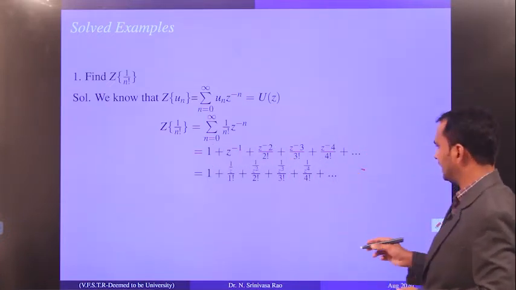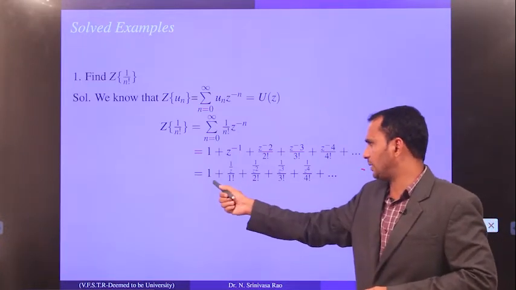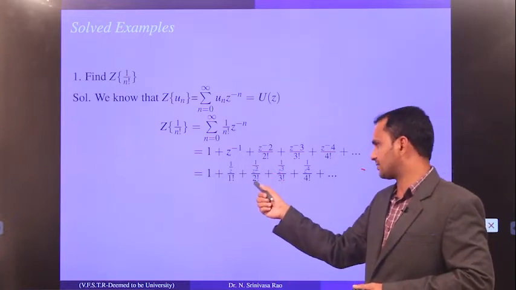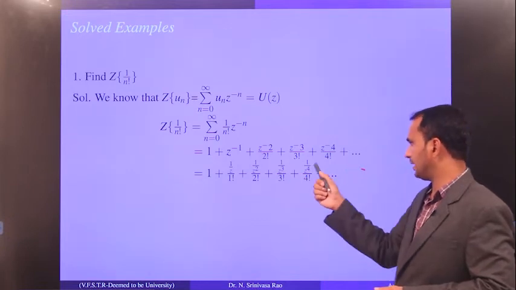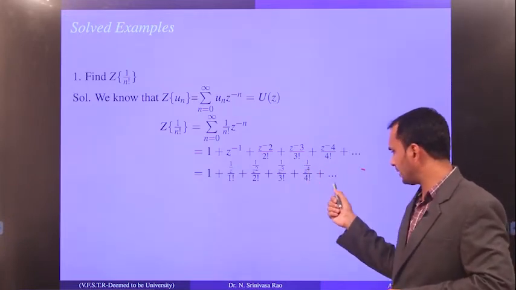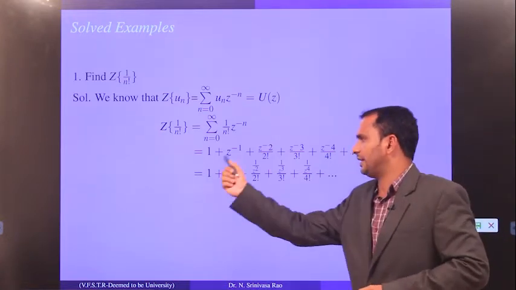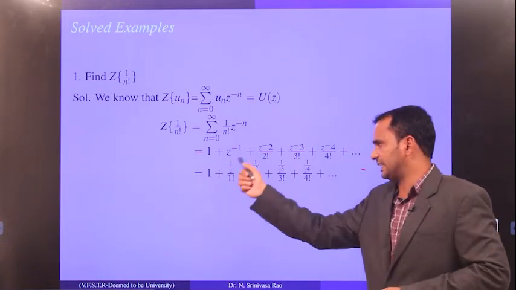Now the question is, how to simplify this whole infinite series? It is 1 plus (1 by z) by 1 factorial, plus (1 by z square) by 2 factorial, plus (1 by z cube) by 3 factorial, plus (1 by z power 4) by 4 factorial, and so on. Can you think for a while how to replace the whole infinite series?